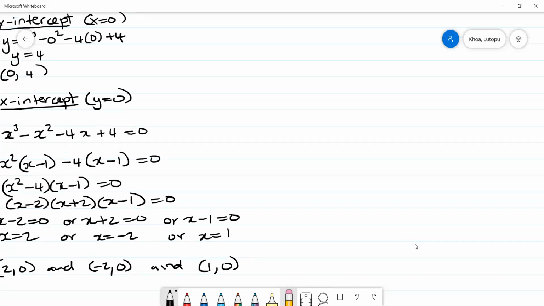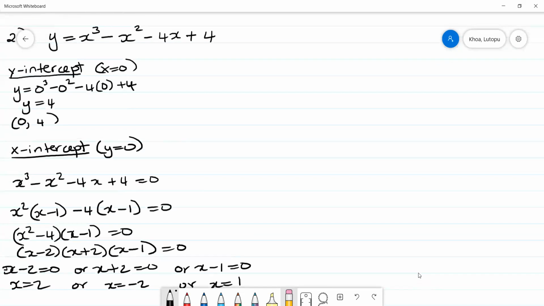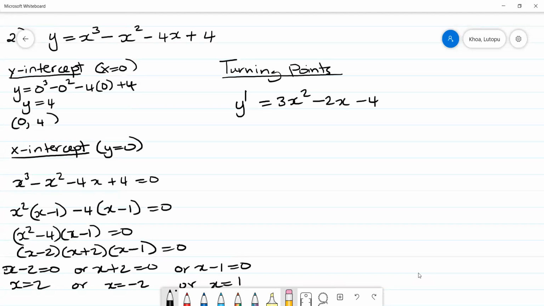The next thing is the turning points. At the turning points, the first derivative is 0. So dy/dx, in fact let me write it as y prime. I differentiate and I have 3x squared minus 2x minus 4.